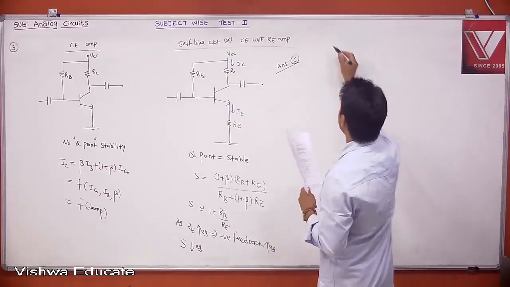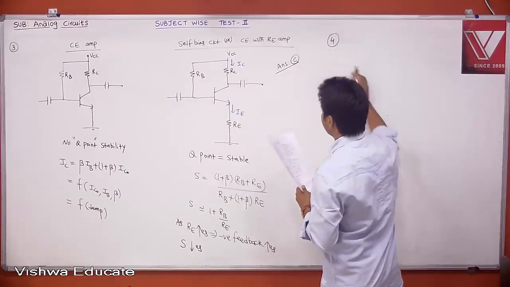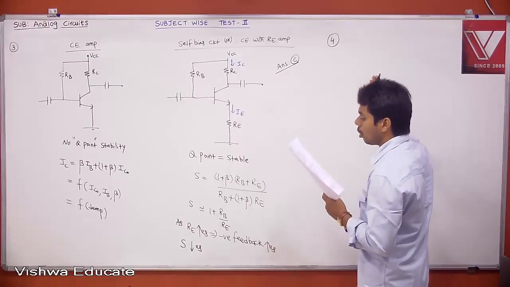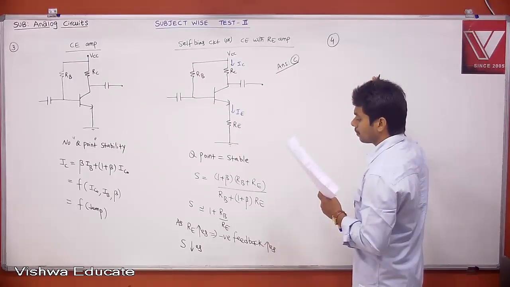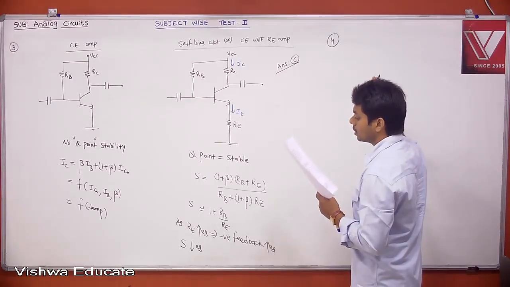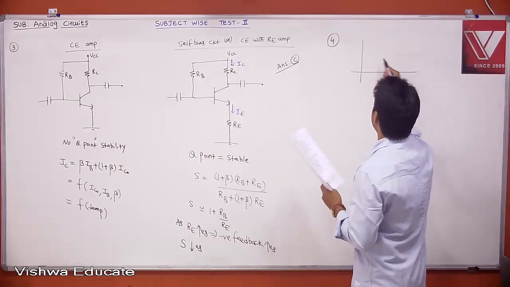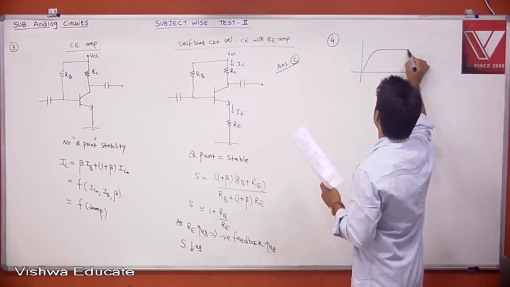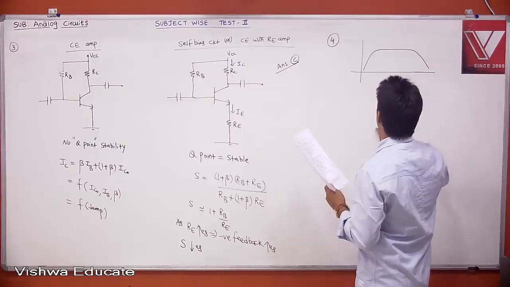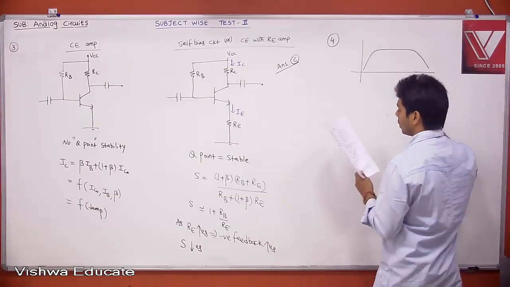Okay. Now, problem number 4. It is also a qualitative problem. The current gain of a bipolar transistor drops at high frequency because, whether it is current gain or voltage gain, remember, it follows a band pass filter.